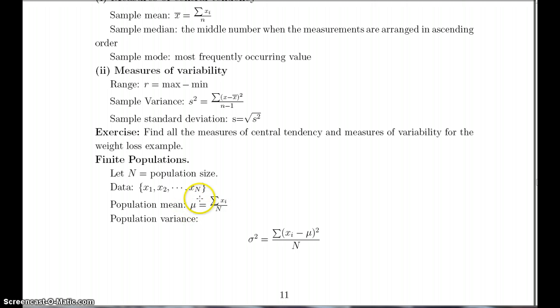That gives me a value called mu, the population mean versus the sample mean. Again, I'm going to use some Greek notation here. That's called mu.